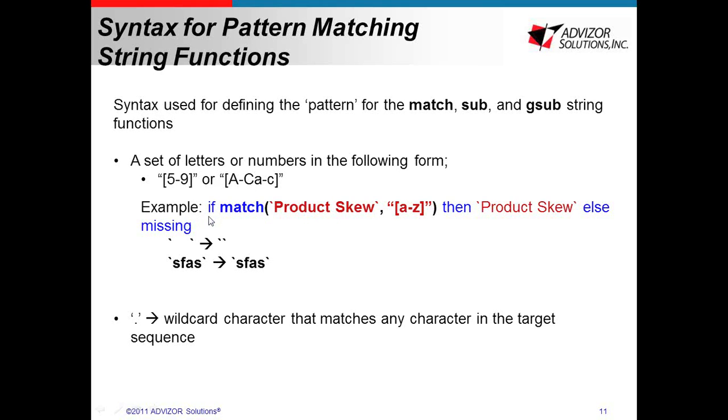In this example, if the product SKU matches A through Z, so if there's any letter in the value, then you want the product SKU to be in the resulting field. Else, if there's no letters, you just want it to be missing.